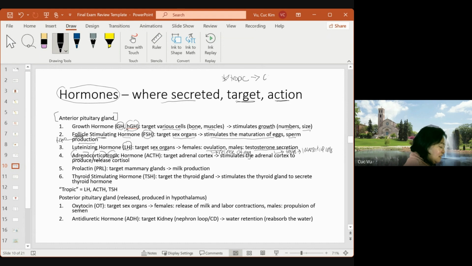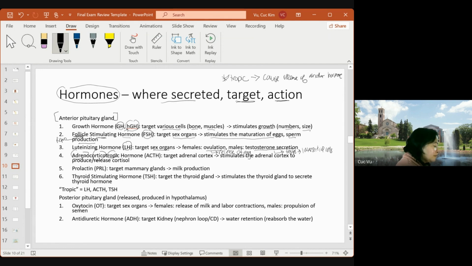It's going to cause the release of another hormone. So adrenocortical, because it targets the cortex of the adrenal gland. Tropic, because it's going to lead to the secretion of another hormone, right? So if you look at the name, it usually tells you what it targets and its action.